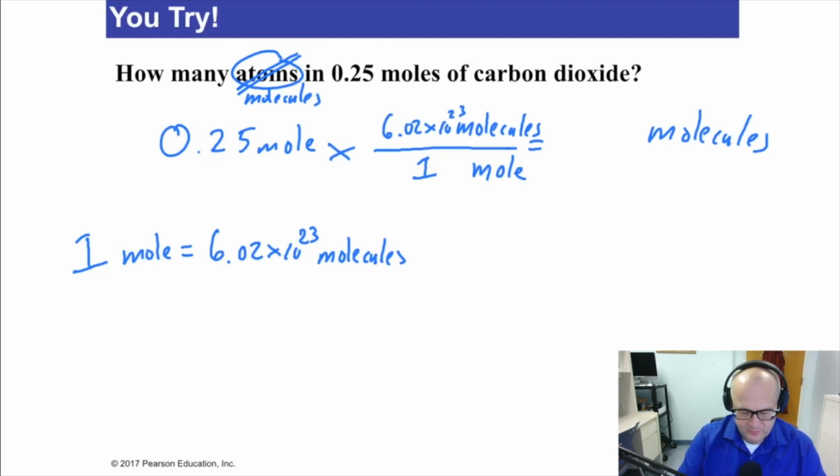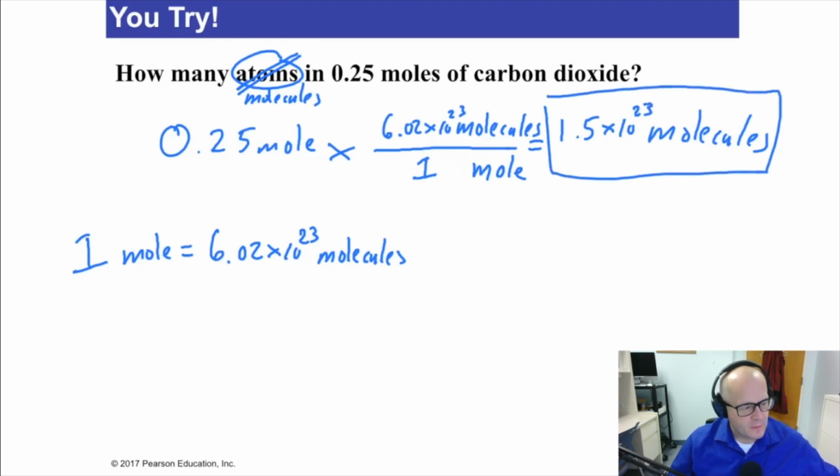Grab up your calculator: 0.25, multiply by 6.02, exponent 23. You get 1.5 times 10 to the 23 molecules. And that's how you'd solve that problem.